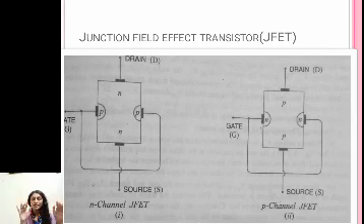These P junctions on either side are connected internally, and one terminal is taken out from that, which is the gate. On either side of the silicon bar we have the drain and source. Now when this silicon bar is of N type, we call it an N channel JFET. We can have a P channel JFET where the silicon bar is of P type, and then on either side of it you will have N type junctions. So this is the basic constructional detail of a JFET.